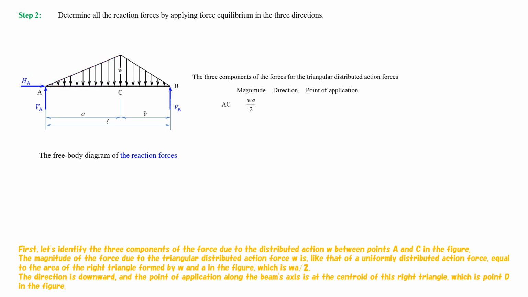The direction is downward, and the point of application along the beam's axis is at the centroid of this right triangle, which is point D in the figure.